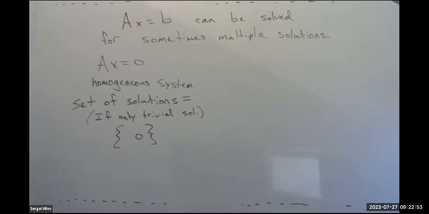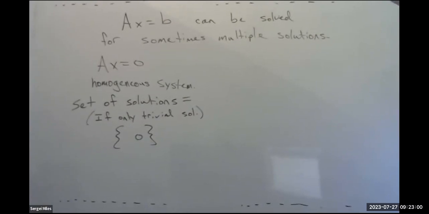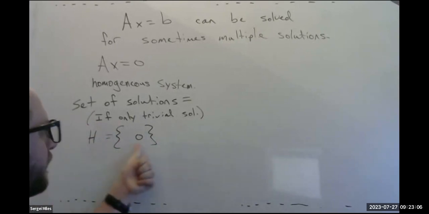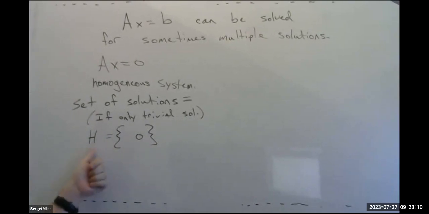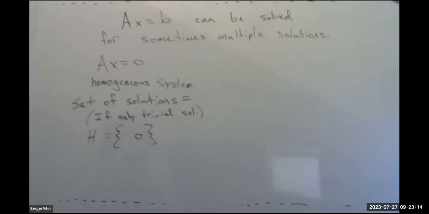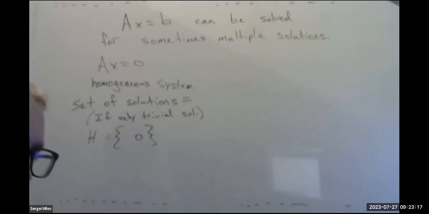Why? Well, first of all, it has a 0 vector. Check, that works. Requirement 2 to be a subspace. For any vectors in this set, if I add them together, it has to stay in the set H. Well, 0 plus 0 is the 0 vector still.